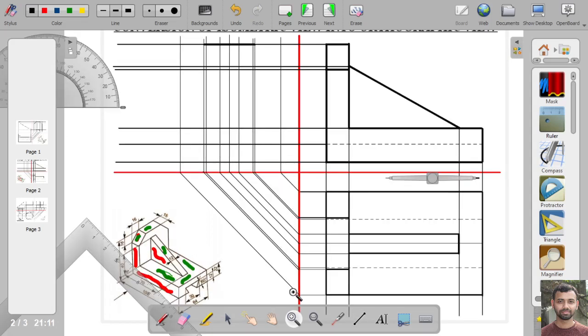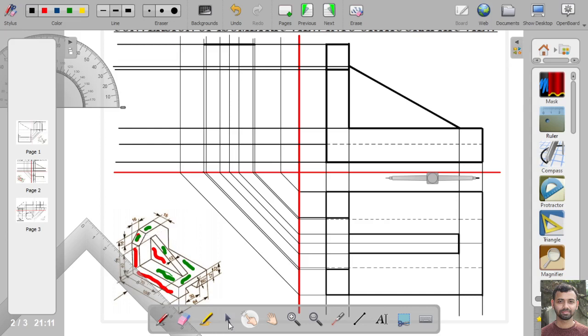Next, we will draw this portion and this portion in the side view. So when we look from the side, what type of view will we get? We can see this edge, this edge and this edge.